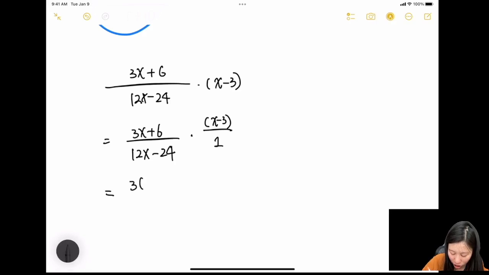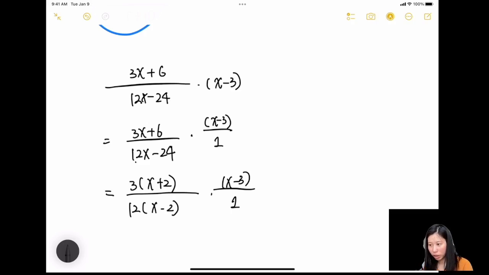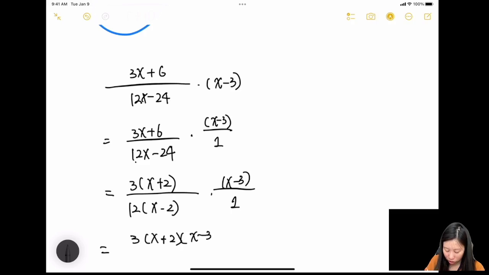We have 3 in common, so we have 3 times x plus 2 over 12, and for the 24, we have 12 in common, so 12 times x minus 2, and then times x minus 3 over 1. Okay, so now let's combine the terms. We have 3 times x plus 2 times x minus 3, all over 12 times x minus 2.